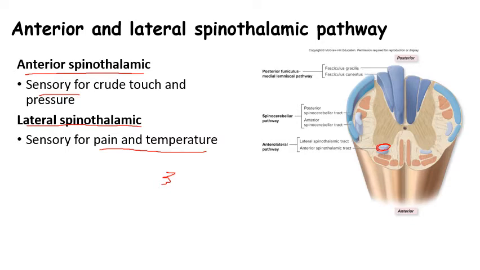And the axons for the neurons here would be climbing up the spinal cord in this region here. So let's take a look further at the pathway here, but through the spinal cord region, these would be the regions in which the neurons are climbing up and trying to bring the information to the brain.